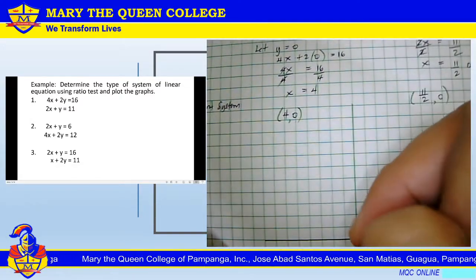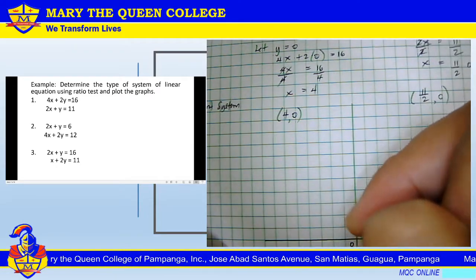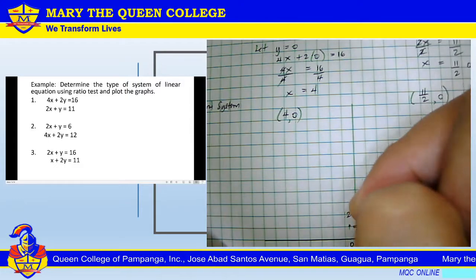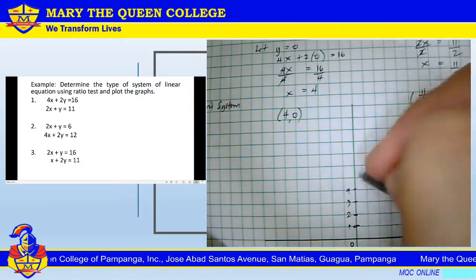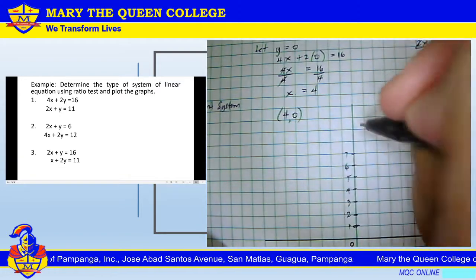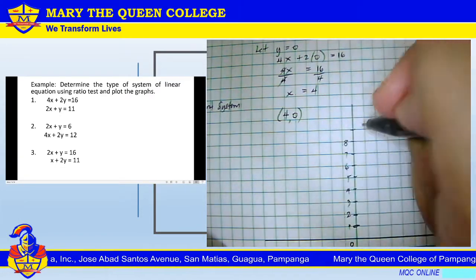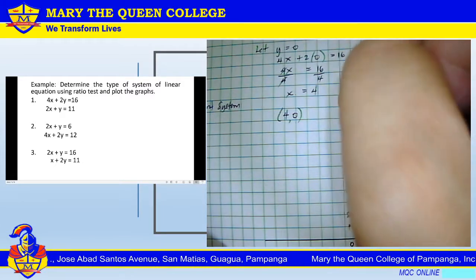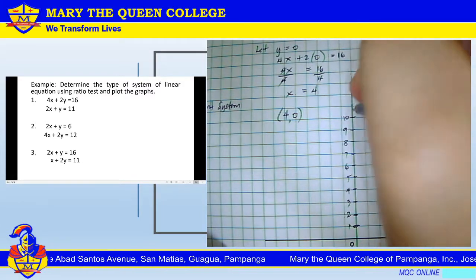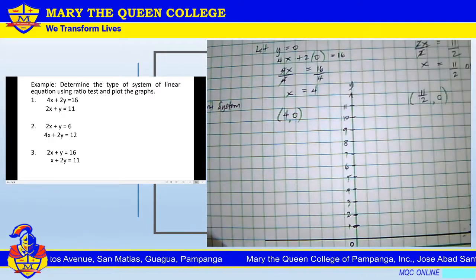Then making some intervals, we have 0, 1, 2, 3, 4, 5, 6, 7, 8, 9, 10, 11, and so on. This is our y-axis.